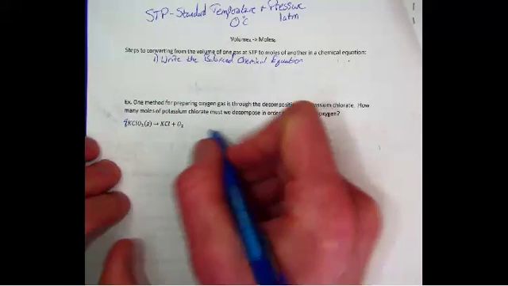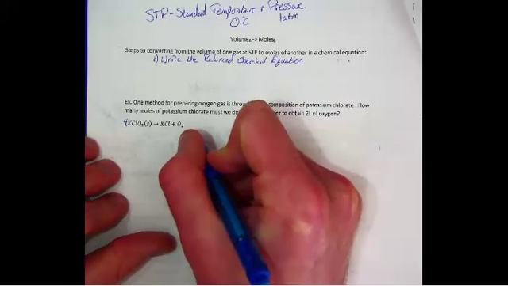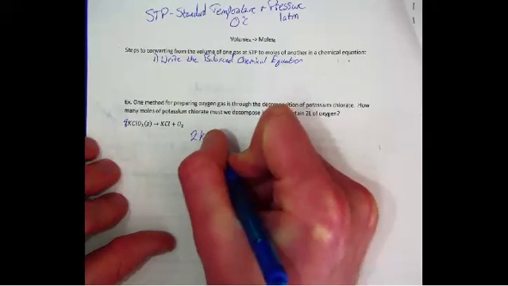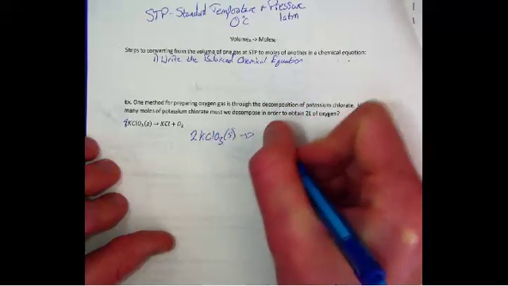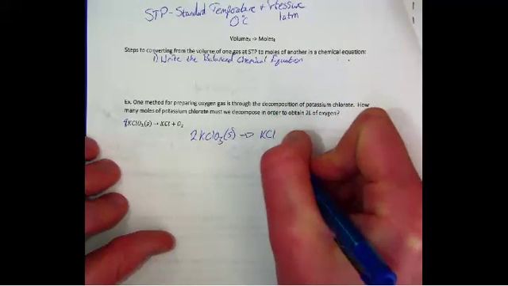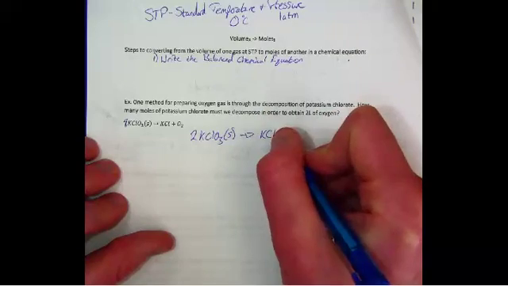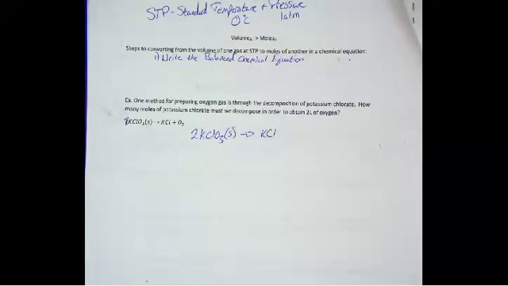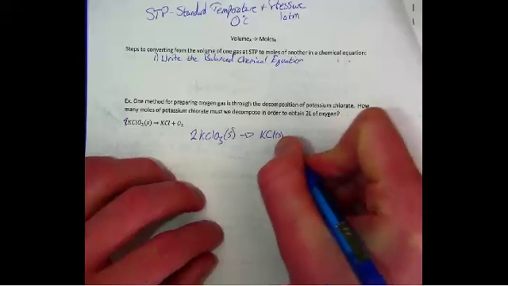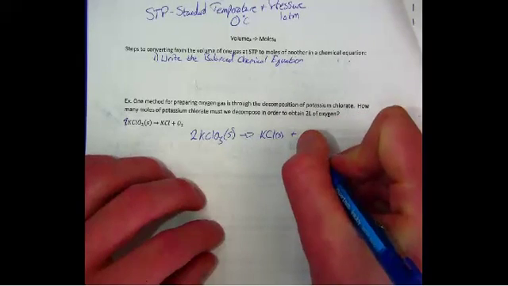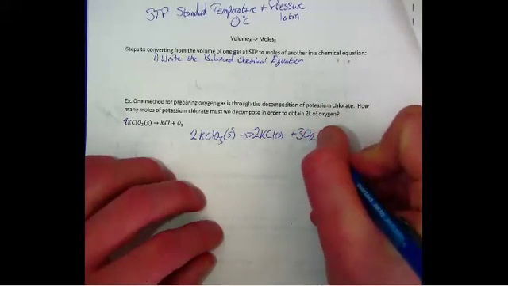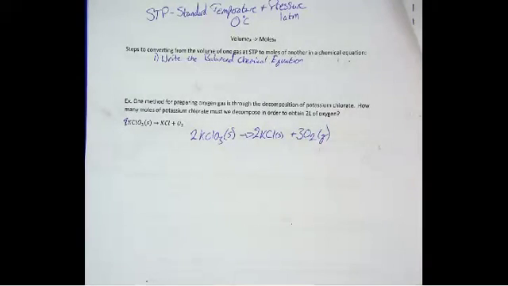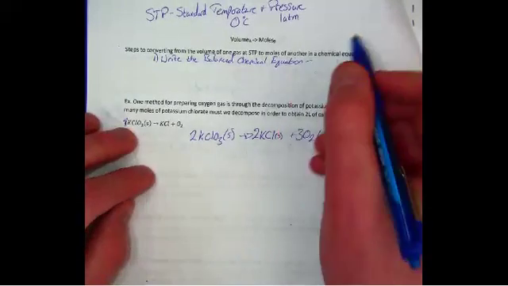This is not balanced, so in order to balance that, we will write 2 KClO3, and that's a solid, to yield 2 KCl, and that is a solid. And then we'll have 3 O2, and that is a gas. All right. Now that that's balanced, check.